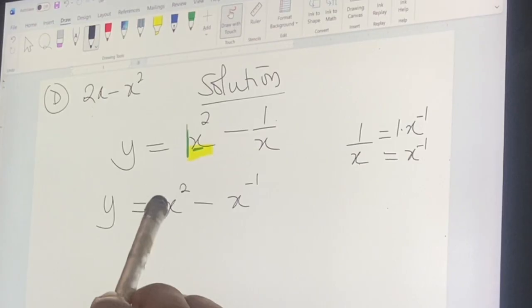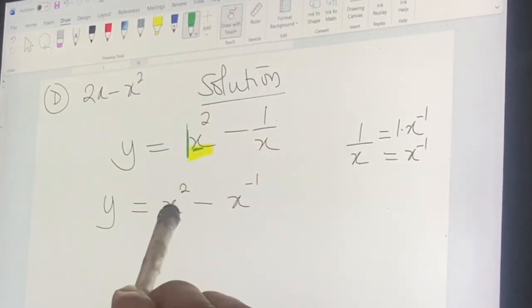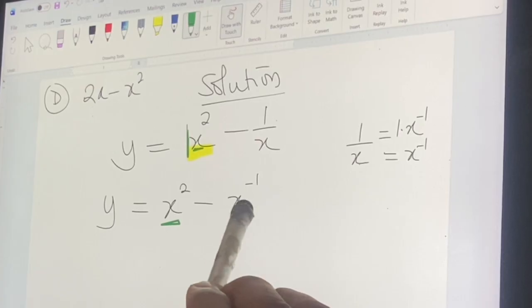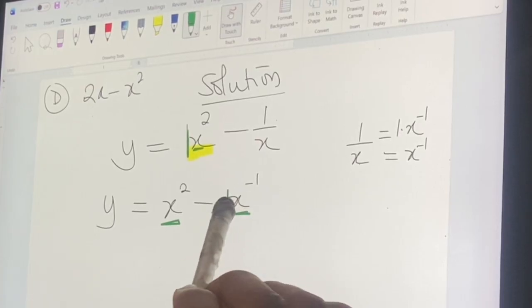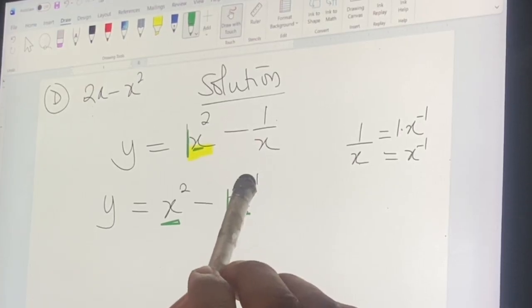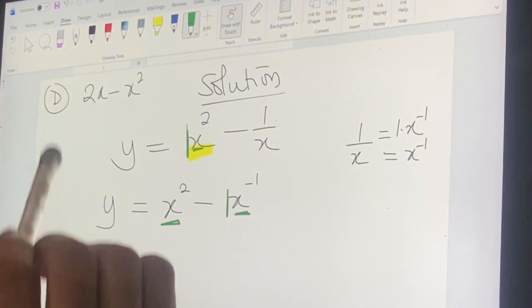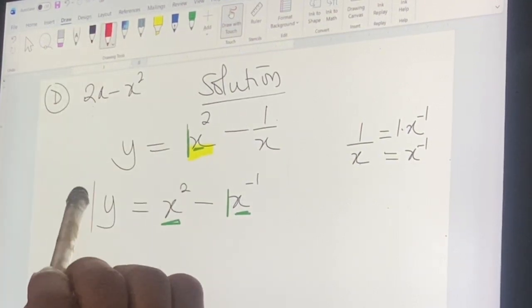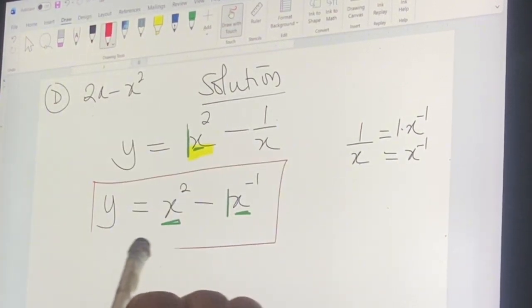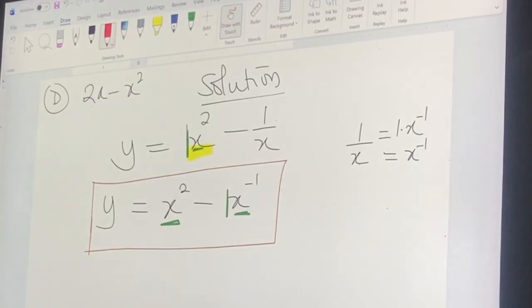So we have this part here to be monomial, and this part here to be monomial. Why? Because each consists of one digit, a letter, and a power. So at this point, this expression is called a polynomial function. A polynomial function is a function that consists of 2 or more monomial functions.